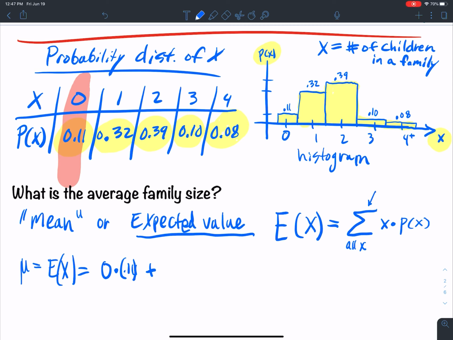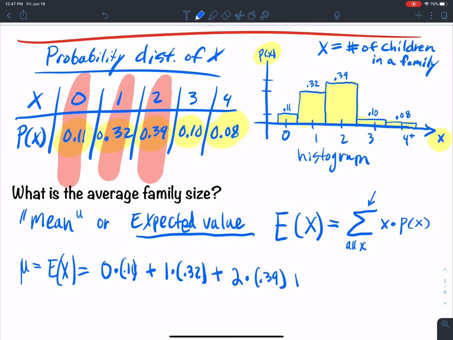plus, sigma means plus, and then the next one, 1 times 0.32, plus the next one, 2 times 0.39, plus 3 times 0.10, and then the last one, 4 times 0.08.